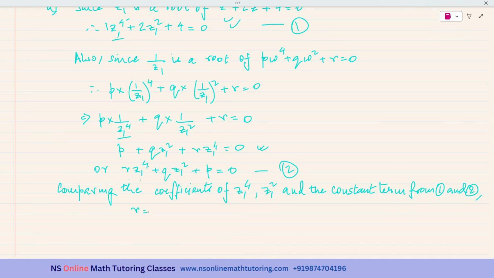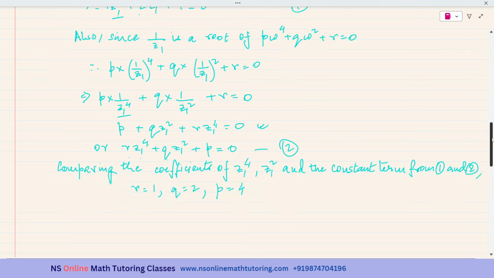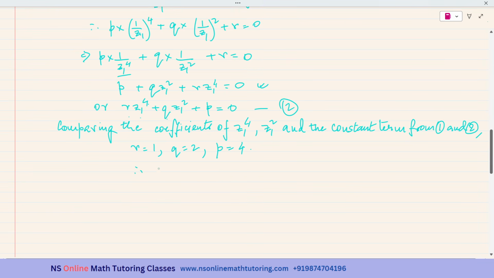R equal to 1, then q is equal to 2 and p is equal to 4. Okay, let us write pqr. Therefore, p is equal to 4, q is equal to 2, r is equal to 1.